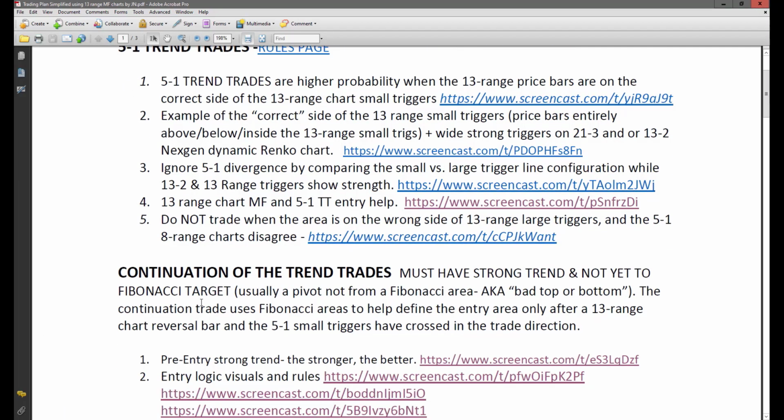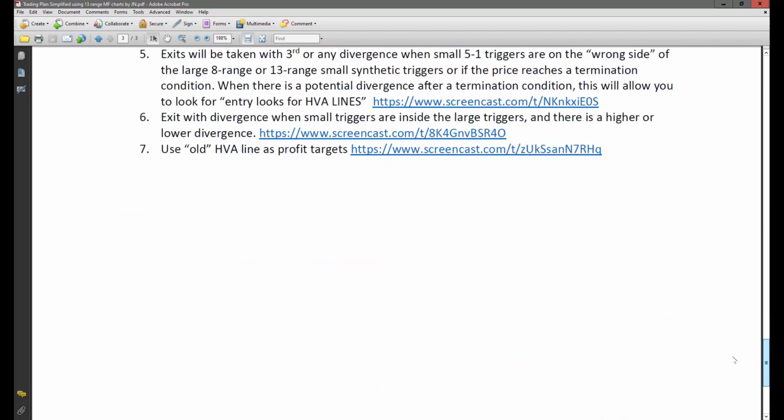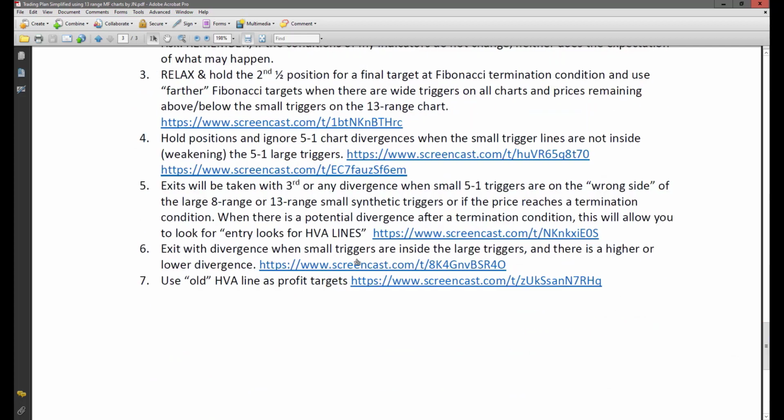Now, this is the one, and again, look, I think when you start trading the market, it's a little bit frustrating when your exit logic takes you out. And what I mean by that, let me show you, we'll kind of go to exit logic.